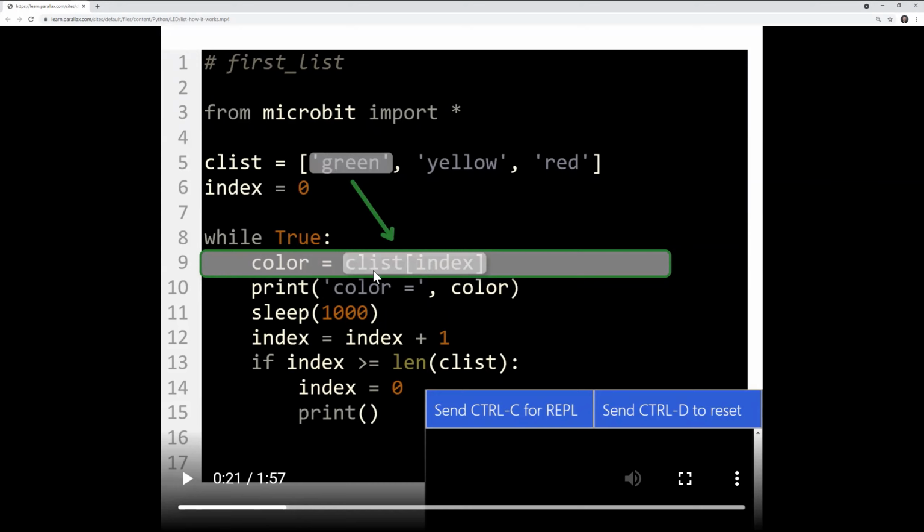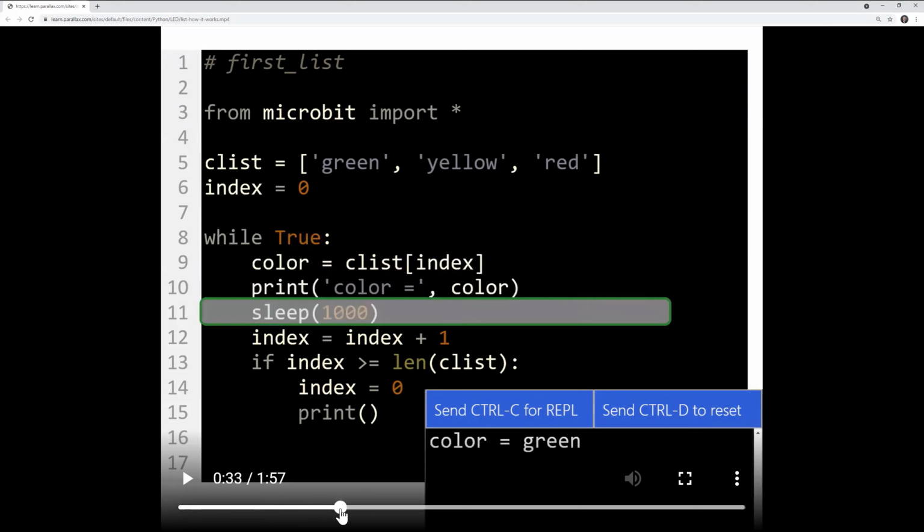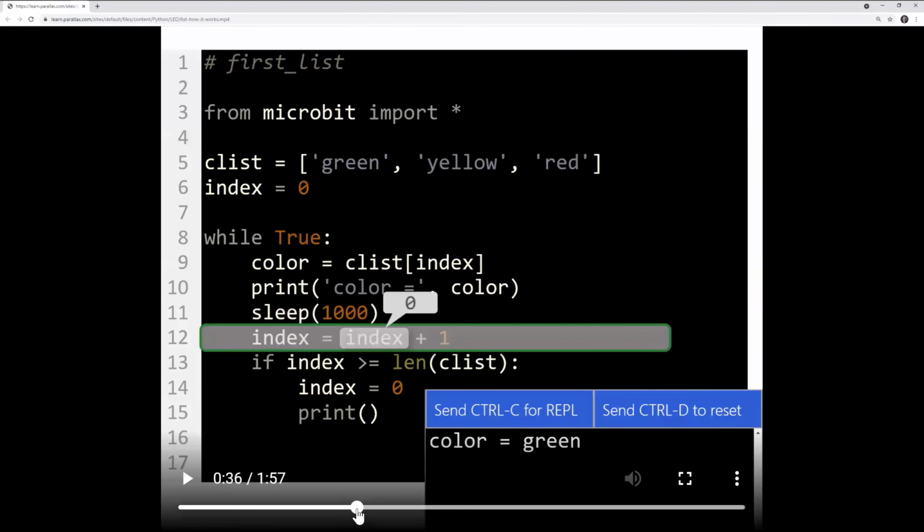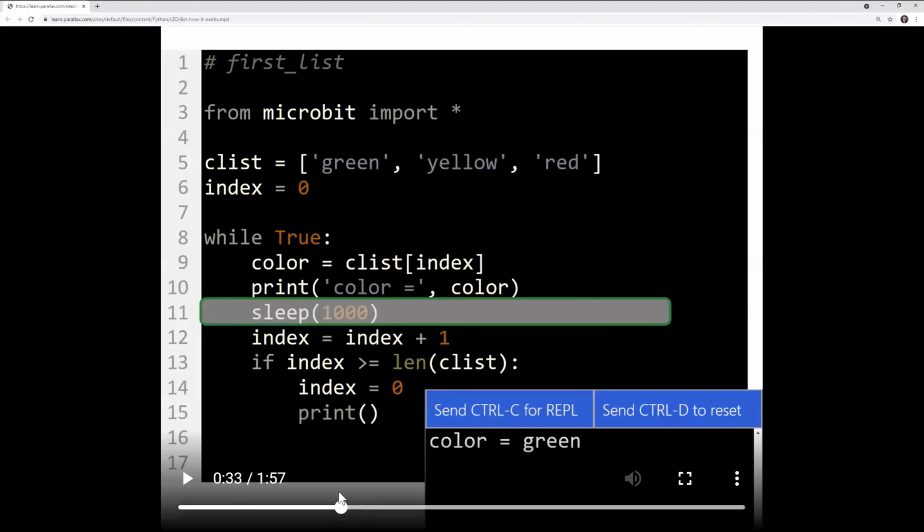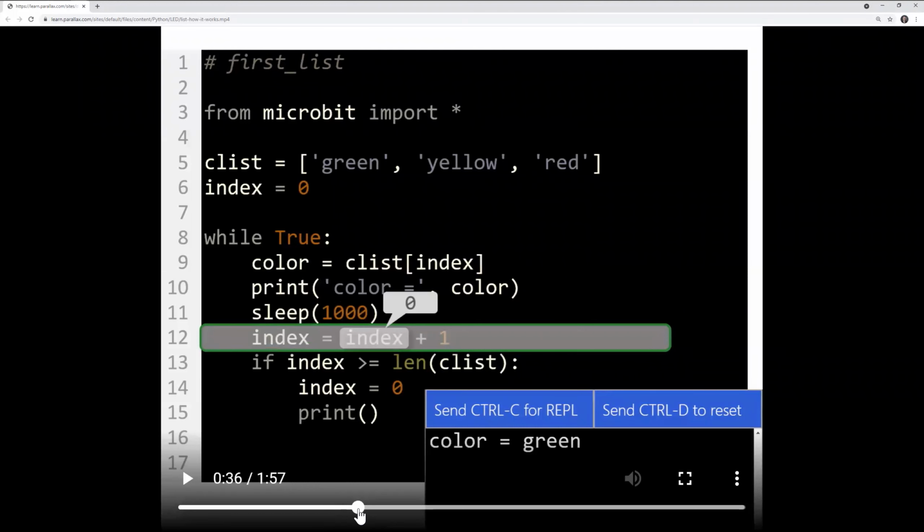That's what gets put in this little slot, and then it gets copied over to a variable named color. Then we print color, and color appears to be green. Then we sleep for 1,000 milliseconds, waiting for a full second. And then index is 0, but lo and behold, we're adding 1 to it right here. So now index stores 1.